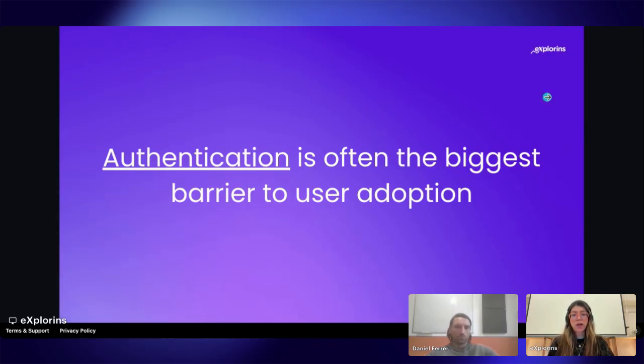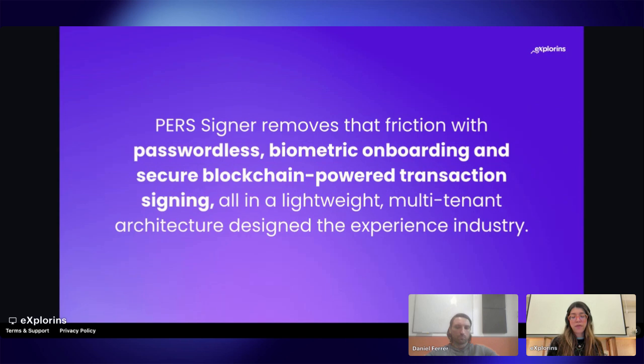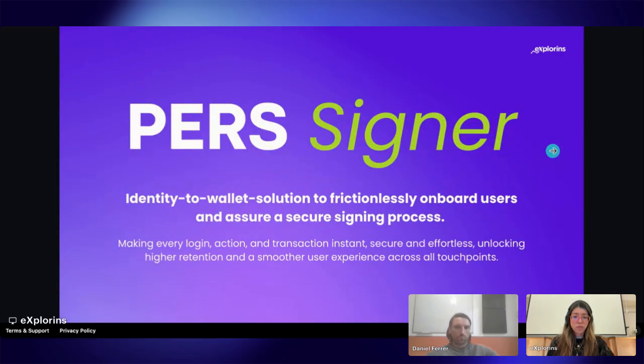So this barrier is the main focus of the PERS signer, which removes that friction with a passwordless biometric onboarding and secure blockchain-powered transaction signing, all in a lightweight multi-tenant architecture designed for the experience industry.